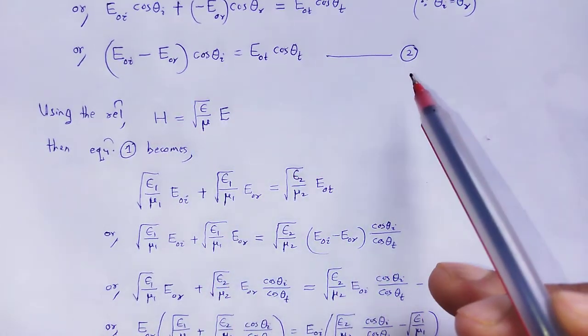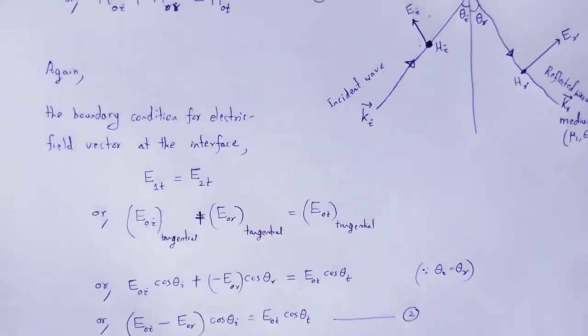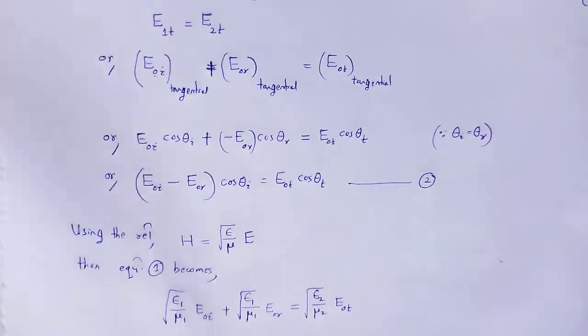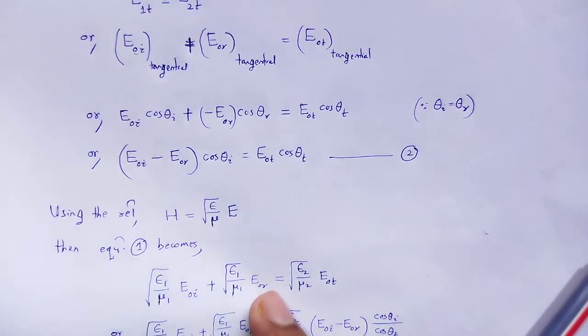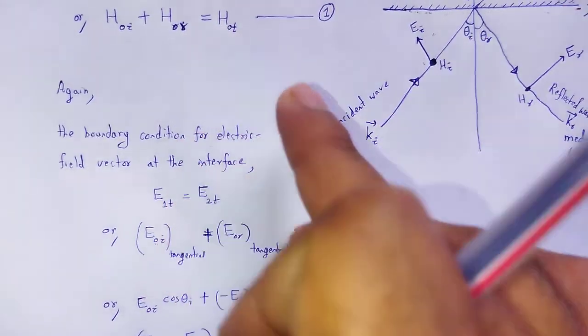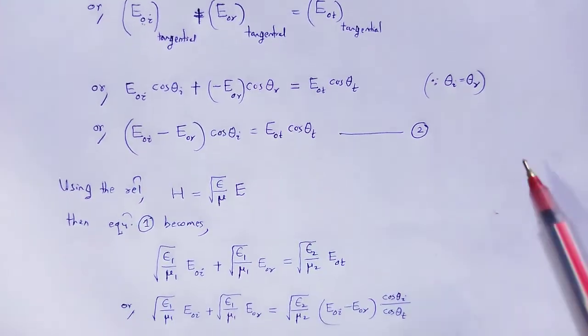in that expression, in place of HOI, HOR, HOT we substitute using the relation between the S vector and E vector.